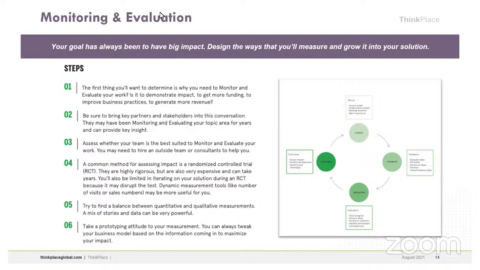Now, under monitoring and evaluation, your goal has always been to have a big impact. Design the ways that you measure and grow into your solutions. The first thing you'll want to determine is why you need to monitor and evaluate your work. Is it to demonstrate impact? Is it to get more funding? Is it to improve business practices?